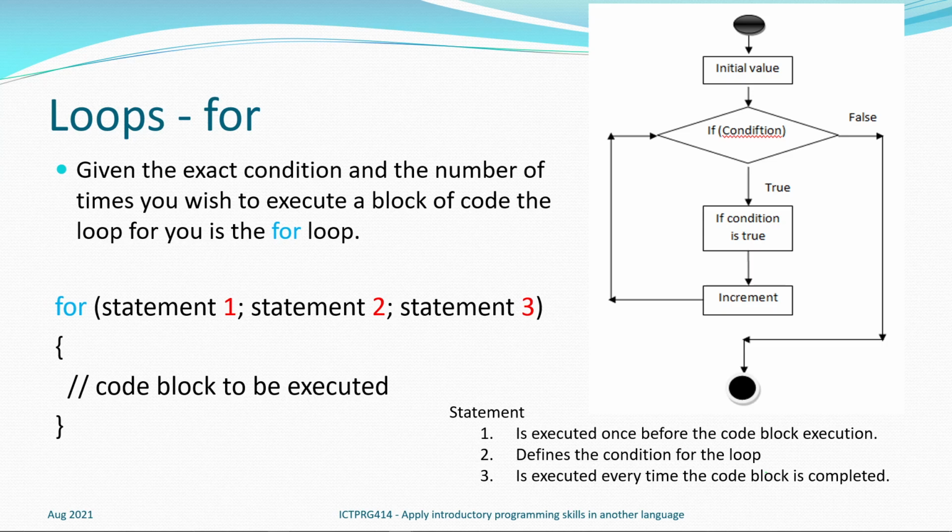With the for loops, this is a little bit different. We come in with the initial value and we need to evaluate that condition. So if the condition is true, we'll execute the code, we'll increment the counter and loop back up. We do that until the condition is false, and then we move on to the next one.